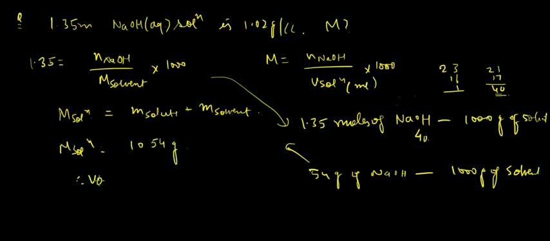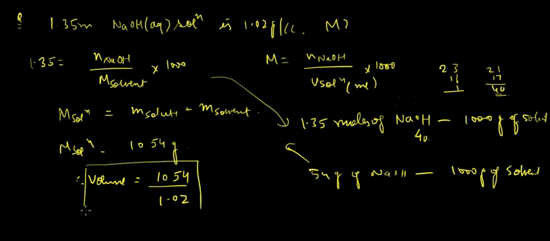Hence volume of solution would be 1054 over density, which is 1.02. Now this calculated volume can be put in, and n of NaOH we already know is 1.35. Hence molarity can be calculated.